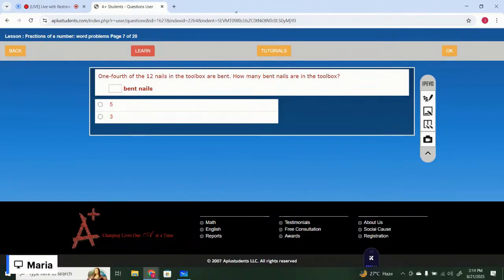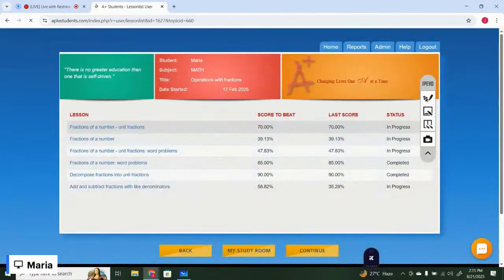One fourth of 12 means, very good, three it is. Option number two is the correct option. Okay, you can complete the lesson by yourself later today. Let me just move on to the next lesson.